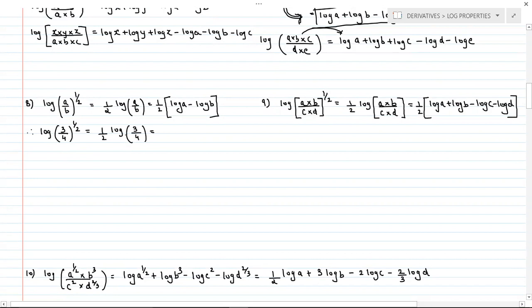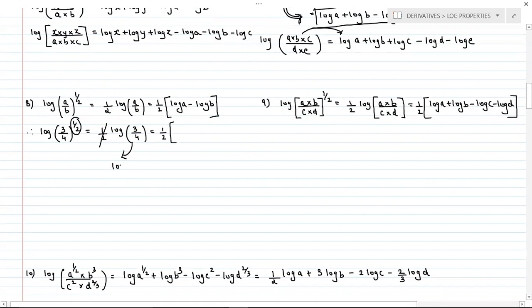Now this 1 upon 2 power is common for both the numbers 3 as well as 4, because this 1 upon 2 is a power for both 3 upon 4, and for 3 as well as for 4. So you will keep that 1 upon 2 as it is, and inside the bracket, just forget about this 1 upon 2 and focus on this part, log 3 upon 4.